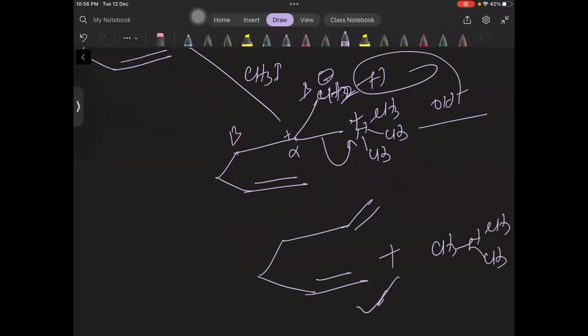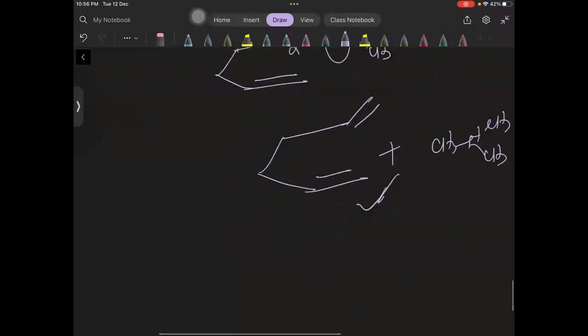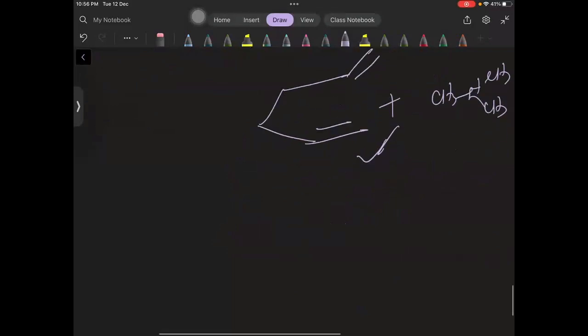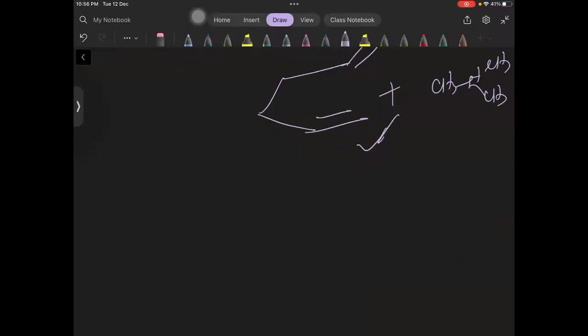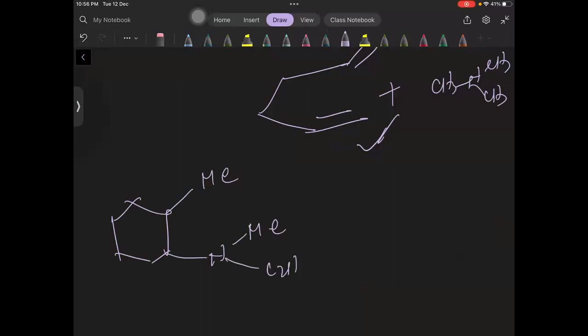Okay. Now the point is, next question. Just you try to solve it, student. It already came in the JEE exam. I give you a cyclic compound, and a methyl, and here is an ethyl, and here is a butyl. Okay.